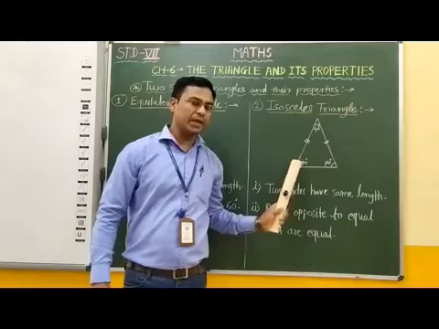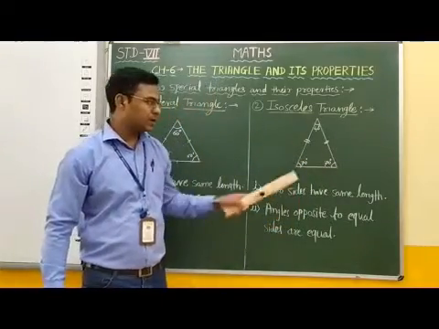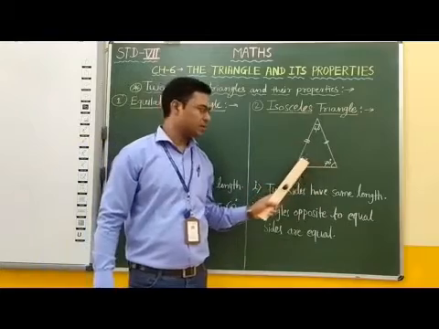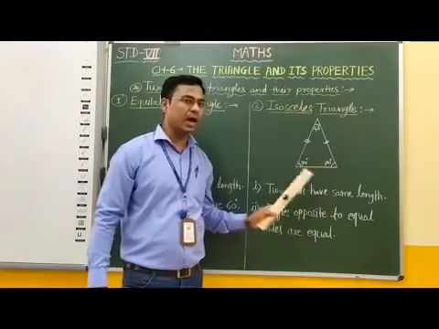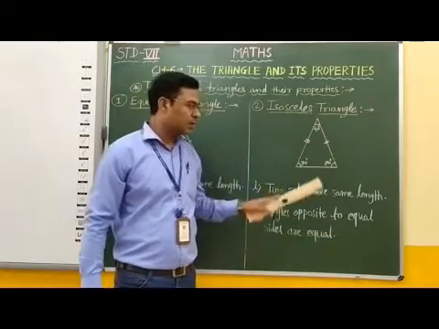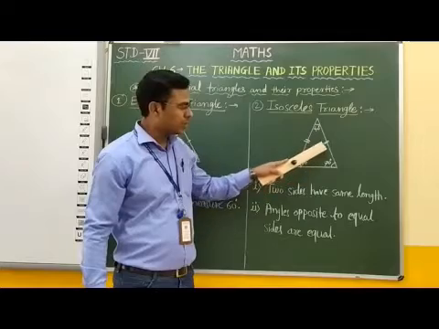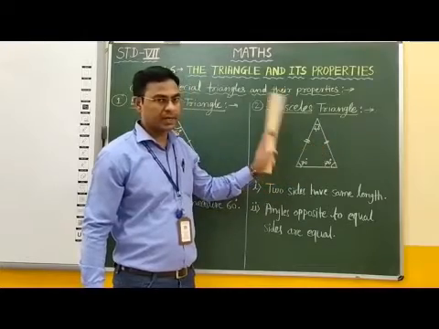measures of two angles are equal, and if you observe here, these two equal angles are opposite angles of equal sides. Now this angle is opposite of this side, and this angle is opposite of this side.